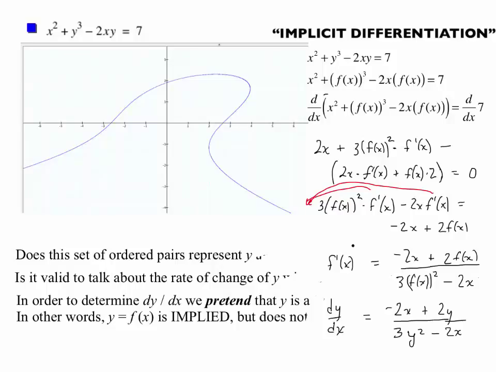Okay? So this is a little misleading. But what did we find? We found that our rate of change is dependent on ordered pairs, x and y. So for a given ordered pair, you take the x and y value, you evaluate this ratio, and that'll be the rate of change at that point.